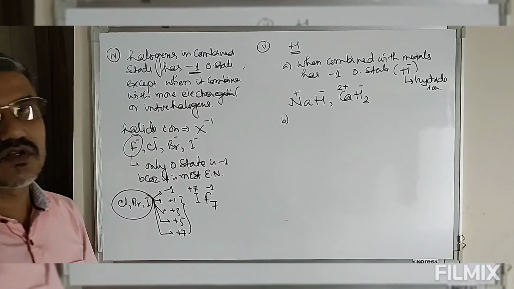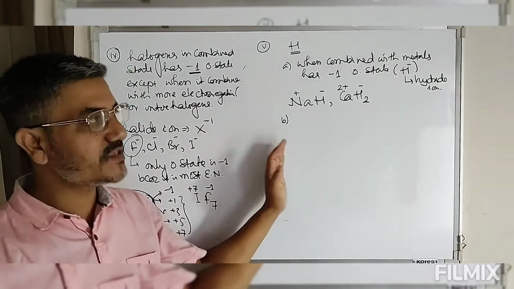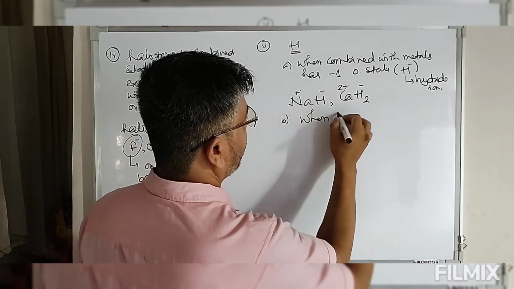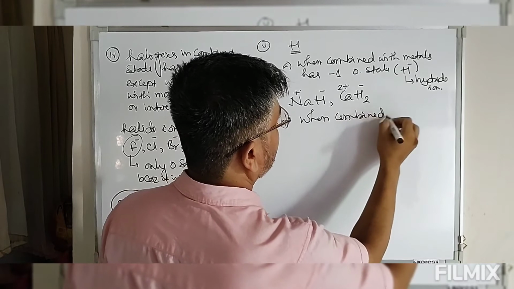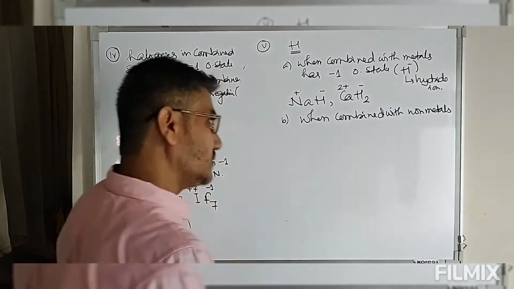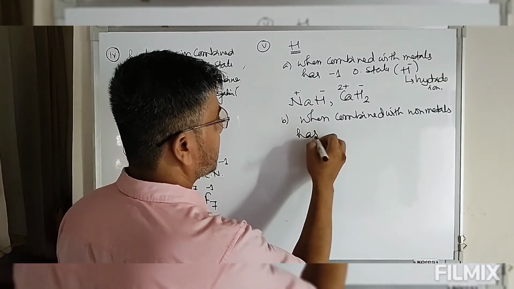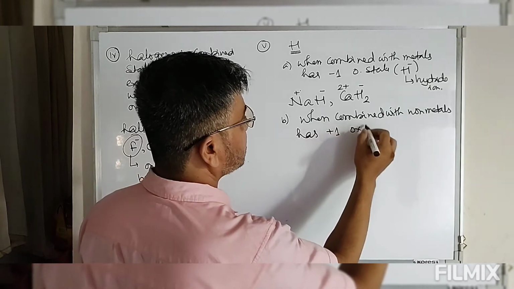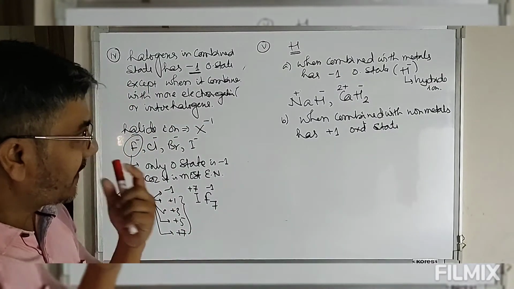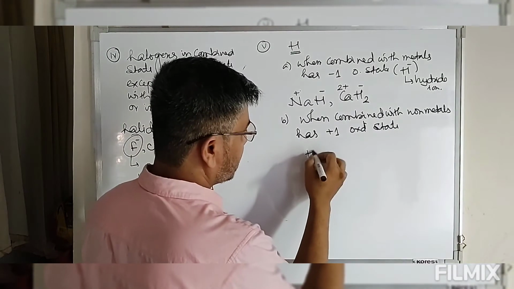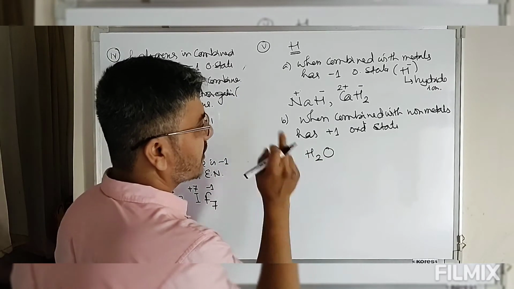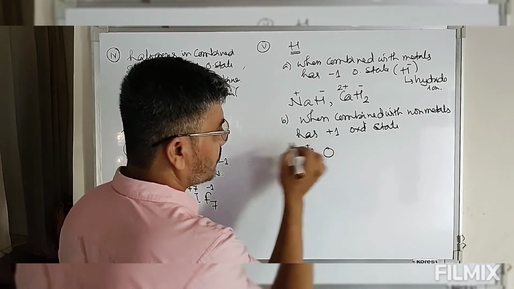But when it combines with non-metals of higher electronegativity, hydrogen has +1 oxidation state. Take H2O: oxygen is more electronegative than hydrogen, so hydrogen is +1 here.